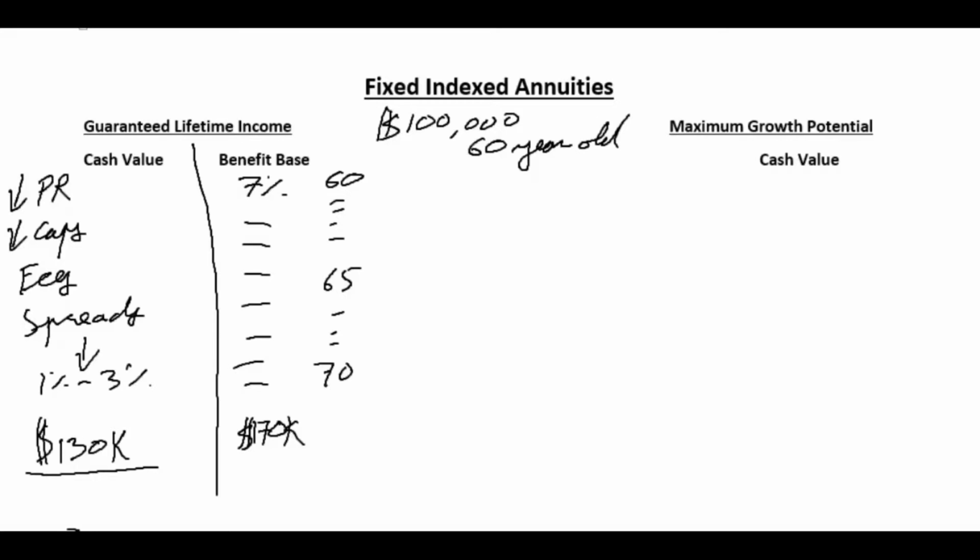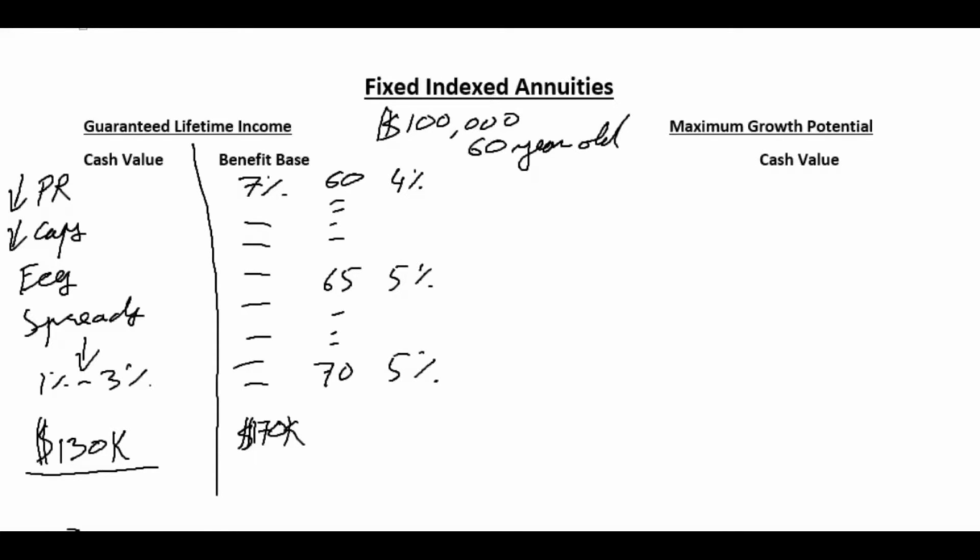So the lower the percentage. Let's say it starts at 4%, and then it's 5, and then it's 5.5. These are determined by actuarial tables.